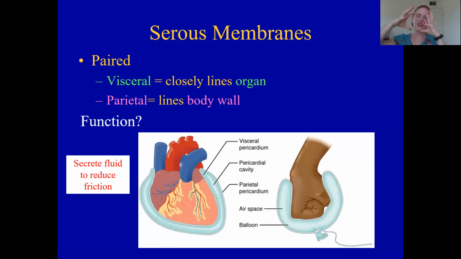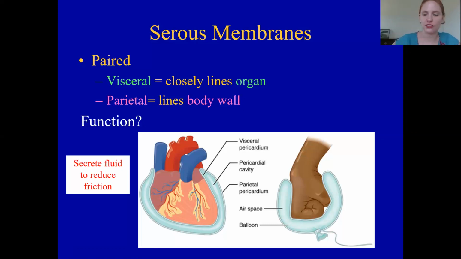So you want to make sure that you have a nice lubricated, slippery surface so that as the heart is contracting, it's going to move smoothly and doesn't rub away at any of the organs, any of the lungs or any place else, and it has a nice reduced friction. Okay, so the function of all the serous membranes is to reduce friction. That's the main point. It doesn't matter which serous membrane I ask you, the answer is always the same.